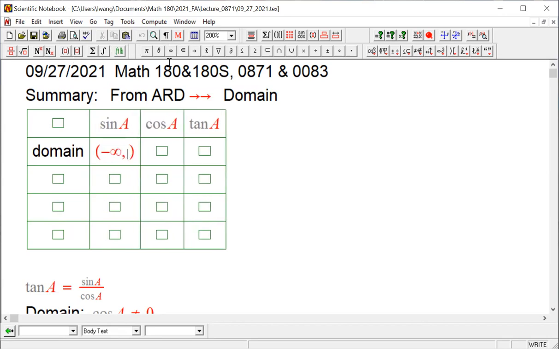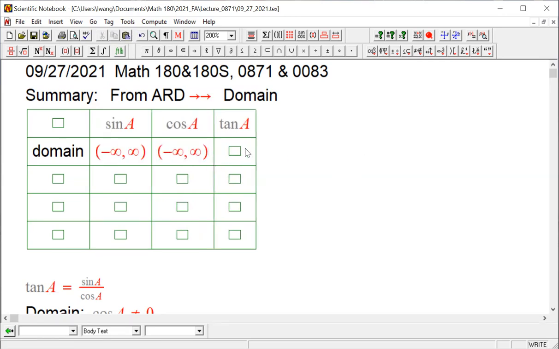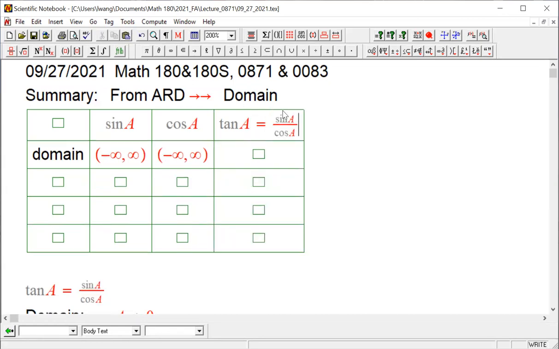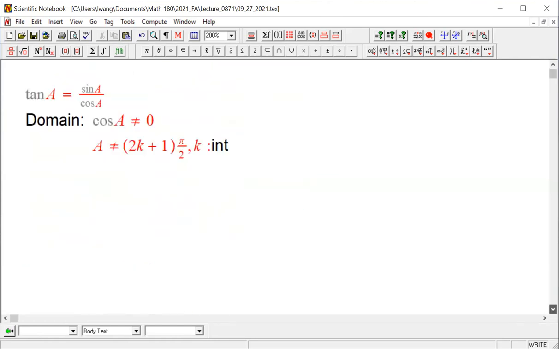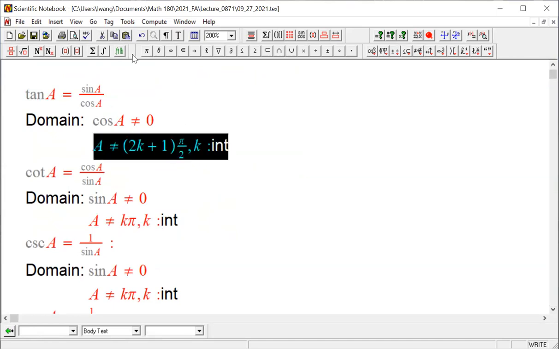We never encounter dividing by 0 because the radius R will never be 0. Tangent, however, because tangent equals sine over cosine, whatever makes cosine equal 0 cannot be in the domain. Therefore, the domain for tangent is going to be this.